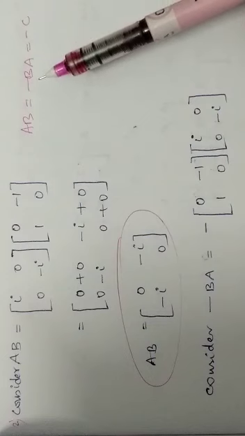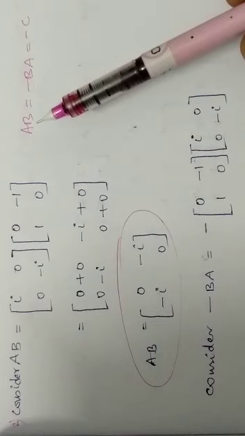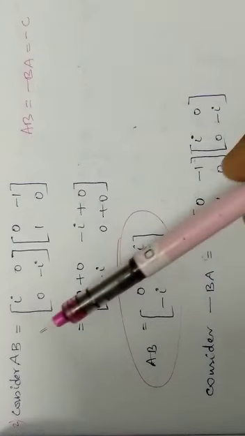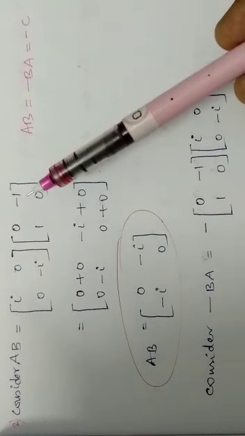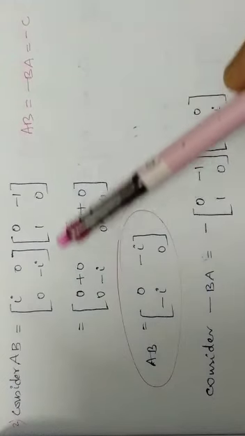That is the second bit. So for that I have to consider AB. Consider AB, A matrix, B matrix. Try to multiply these two matrices.